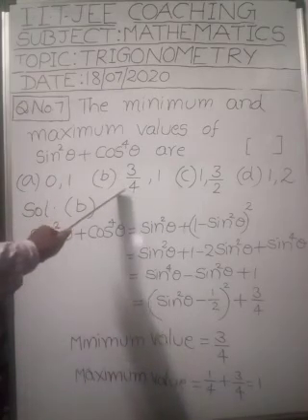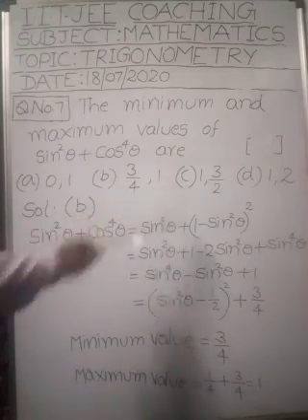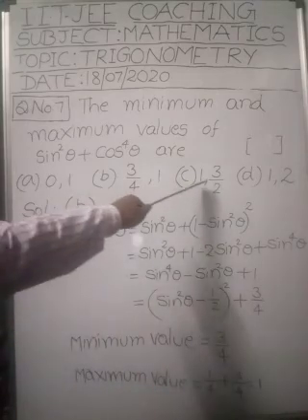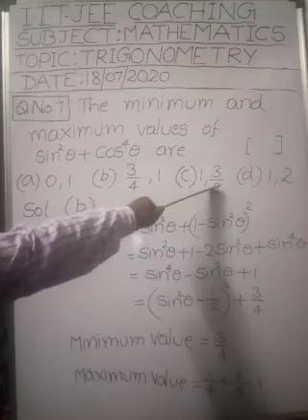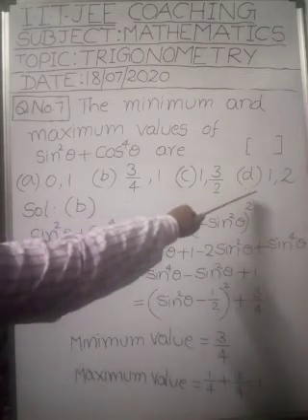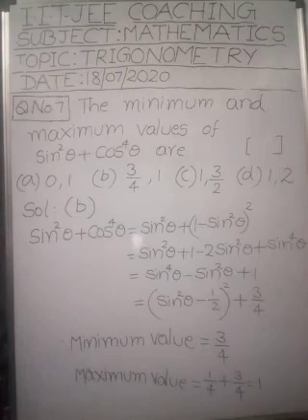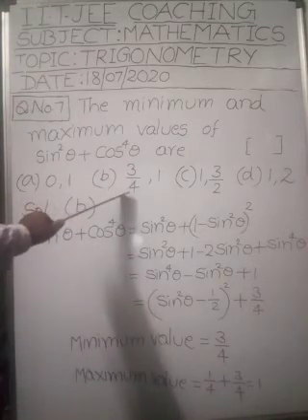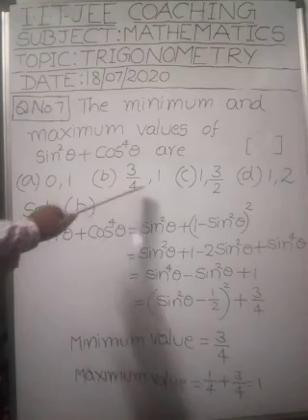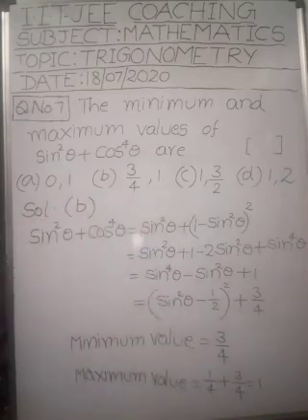Second option, minimum value is 3 by 4, maximum value is 1. Third option, minimum value is 1 and maximum value is 3 by 2. And the fourth option, minimum value is 1 and maximum value is 2. Let us see which option is correct. Here, the second option is correct. That is, the minimum value of this expression is 3 by 4 and the maximum value is 1.